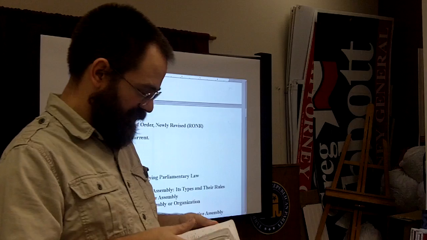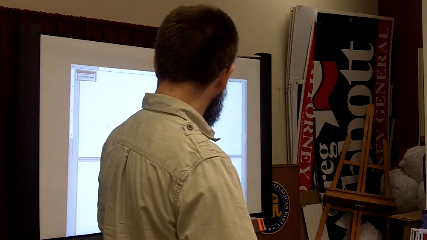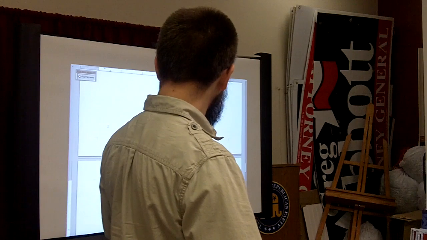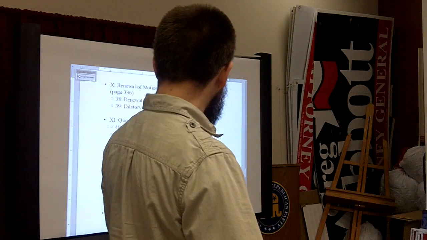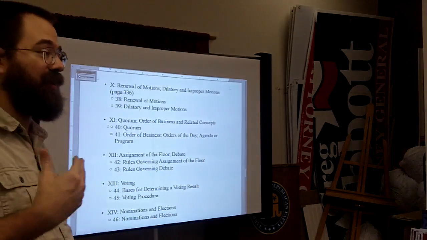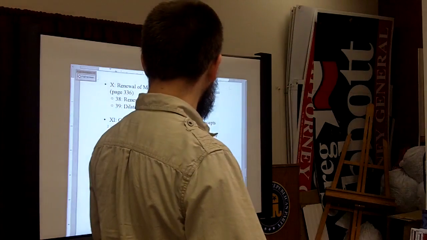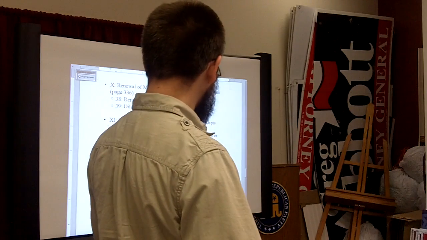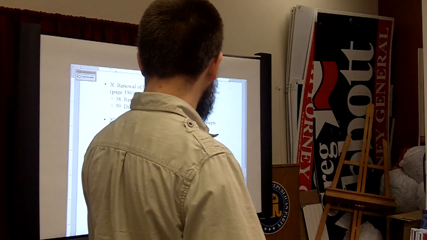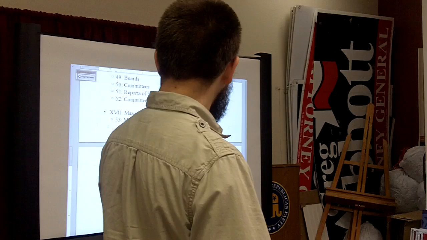After you get through those pieces, high level here, you get into a section that is not really about the individual motions, but kind of broad cases, things that people who are going to run a meeting need to know about, like what's a dilatory motion look like, overall principles described in detail like quorum, rules governing debate, how do you do votes, how can you do nominations, those kinds of things.